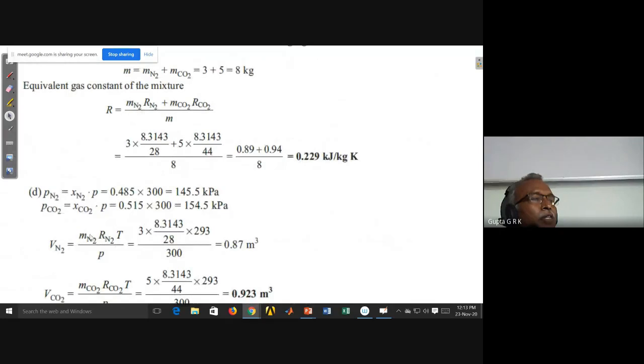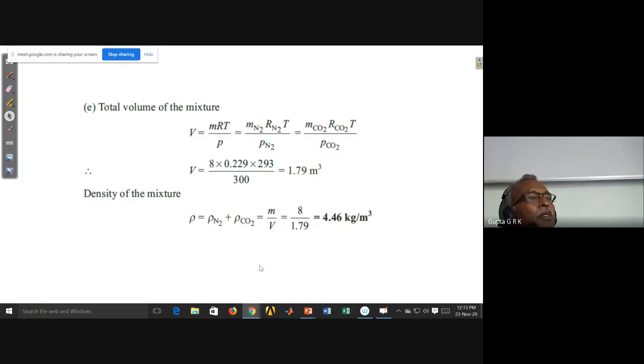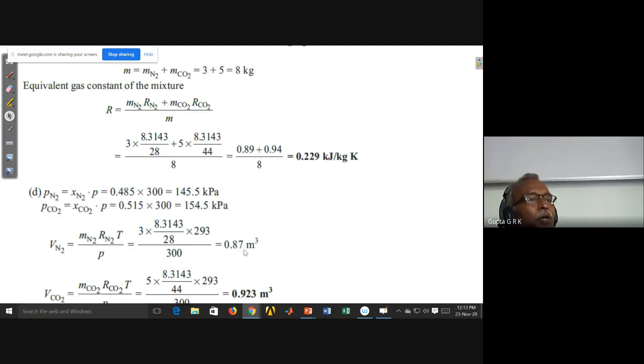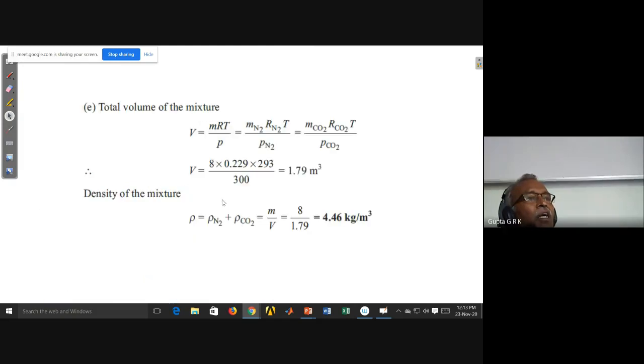So you can use the mass of nitrogen, R of nitrogen, T and the partial pressure. So you can get 0.87 meter cube for nitrogen and 0.923 meter cube for CO2, and the total volume I can find out. So the total volume of the mixture, either you can add these two, 0.87 and 0.923, or I can use the mixture properties, right?